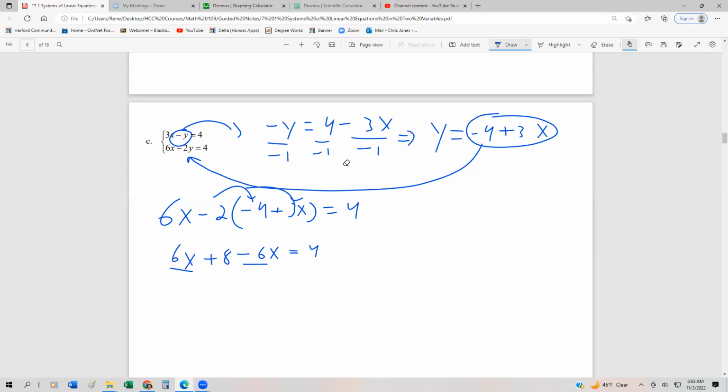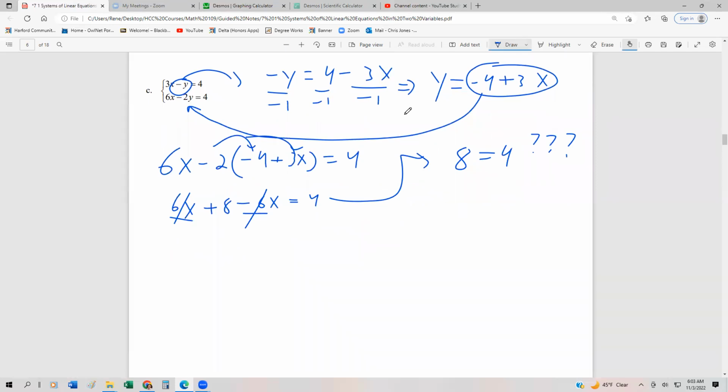I combine like terms, and when I can't combine the like terms, they cancel out. And I get the statement that 8 equals 4. Well, we know in mathematics that that's called a contradiction. And what this means is that there is no solution. So in other words, we have an inconsistent system.